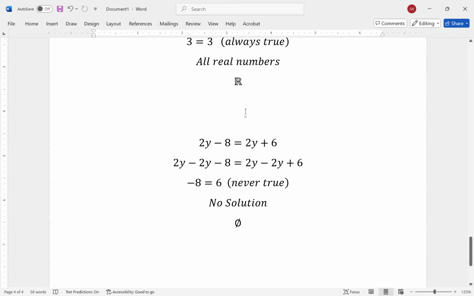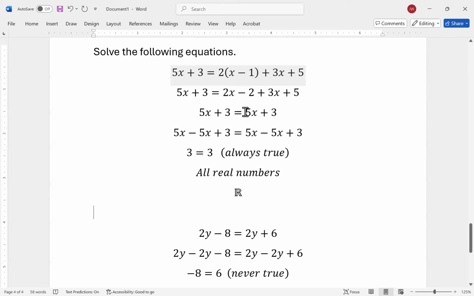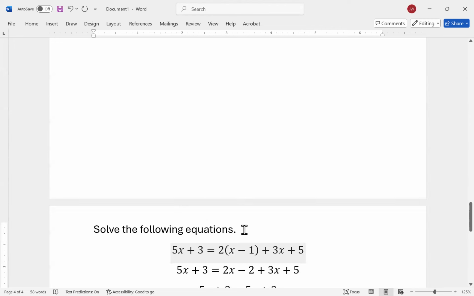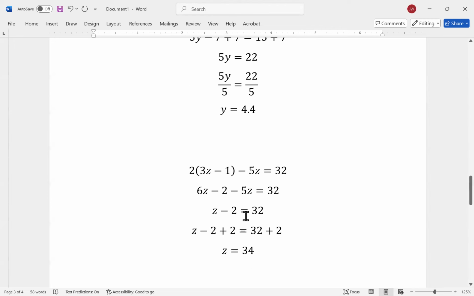Now, these are the two unique cases with linear equations. With linear equations, if the variable drops out, then my equation is always going to be true or it's never going to be true. So I get all real numbers or no solution. Those are the unique cases. In all other cases, they're going to look like our previous examples where our variable stays in and we can simplify to get variable equal to a number as a solution.